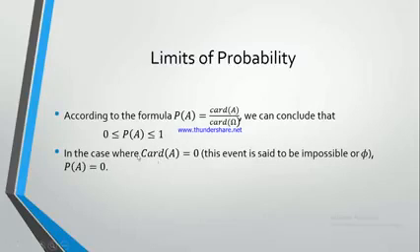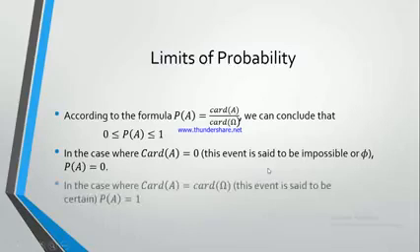When the cardinality of the event A is 0, the probability is 0. It's an impossible event or empty set. But when the cardinality of the event A is equal to the cardinality of the universe omega, this probability is equal to 1. This event is called a certain event. So we know that this event will happen all the time, so its probability is 1.